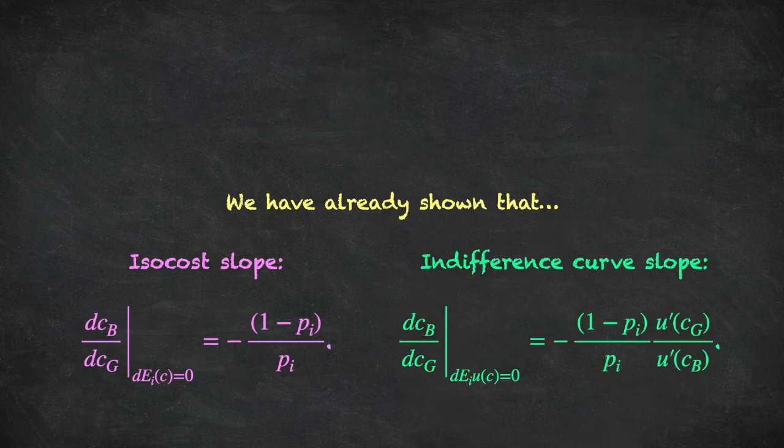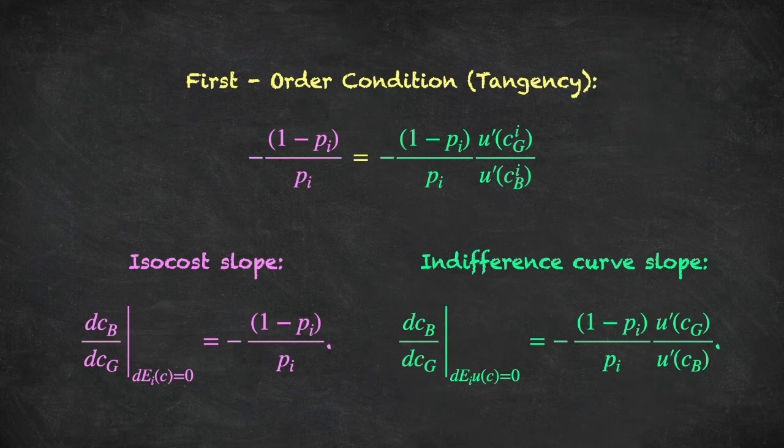We've also shown that the slope of an indifference curve is almost the same, the negative of this odds ratio, and then there's an extra term, this ratio of marginal utilities, the marginal utility of CG over the marginal utility of CB. If we take these, then a tangency is going to say that these are equal to each other. And so our first order condition, this tangency condition, can be expressed as follows. The negative of the odds ratio is equal to the negative of this odds ratio multiplied by this ratio of marginal utilities.